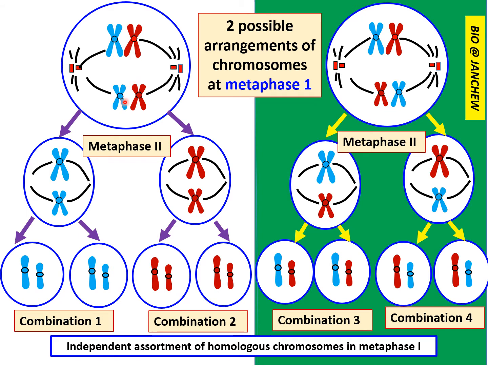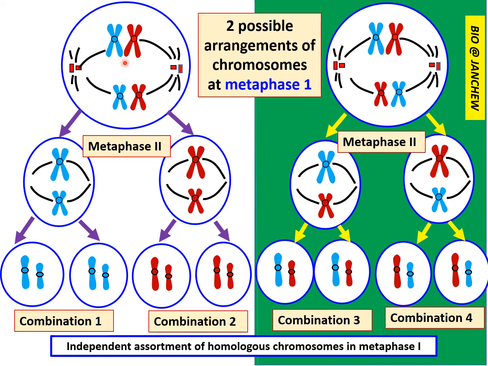Okay, so during metaphase 1 in meiosis, homologous chromosomes will be arranged at the metaphase plate in pairs. And there are 2 possible arrangements for this event.